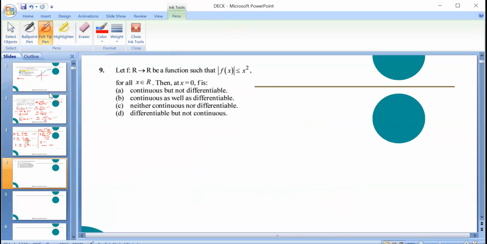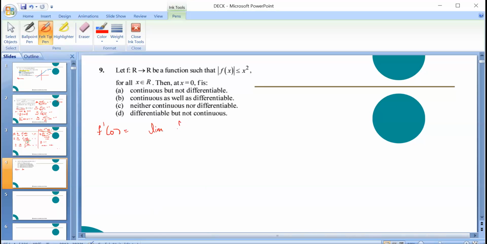Let f be a function such that mod of f of x is less than or equal to x squared for all x belonging to real numbers. At x equal to 0, we have to discuss the continuity and differentiability of the function. So we will take f dash of 0.